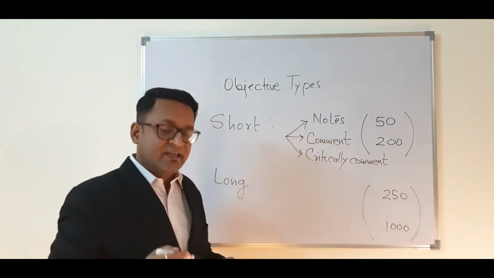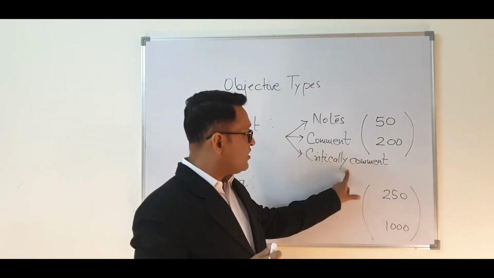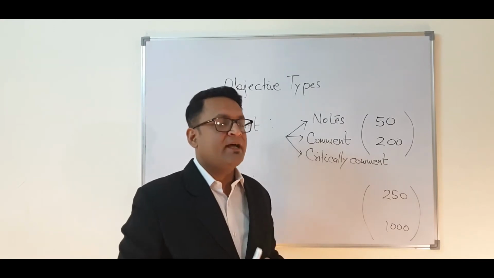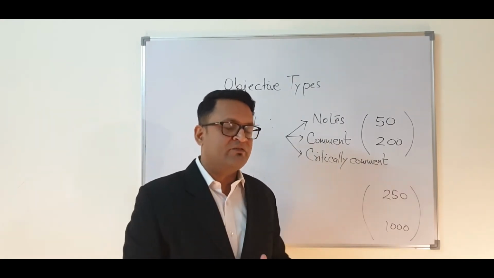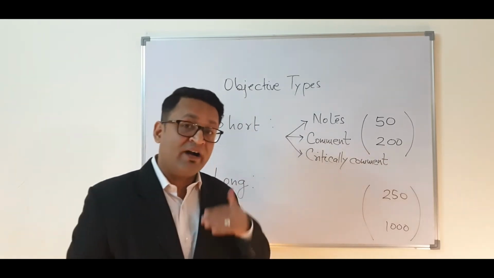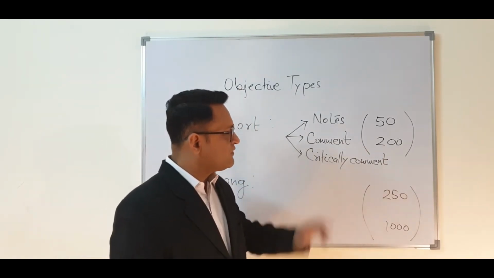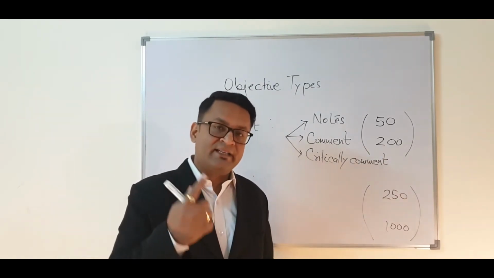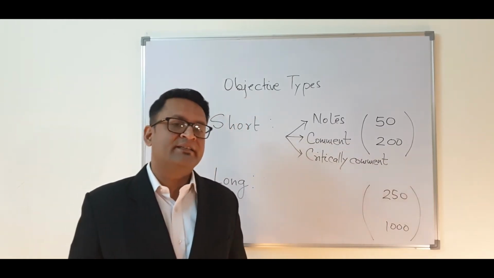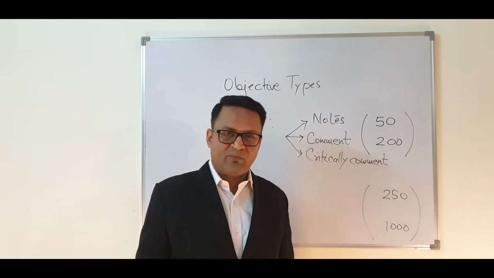Now, what is a critically comment question? In a comment question, you have the freedom to choose whether you will go in favor of that statement or go against it. But when it comes to critically comment, you need to go against the statement. That is the idea, because if you do not take this into consideration, then it will be a problem, right?